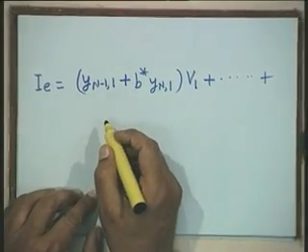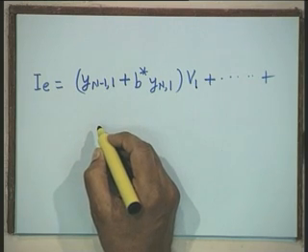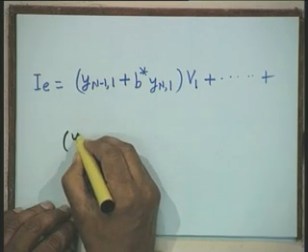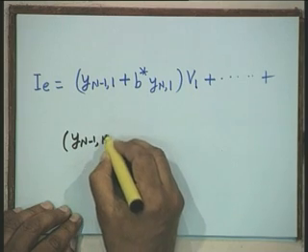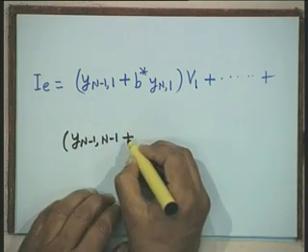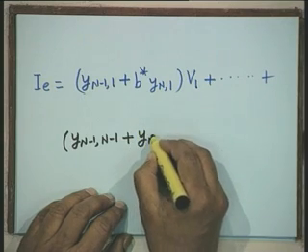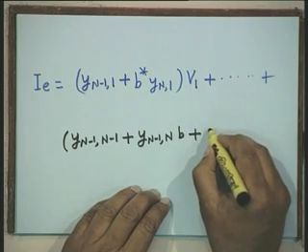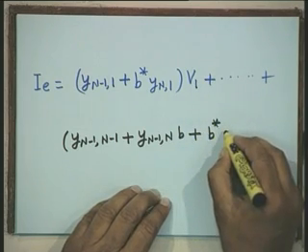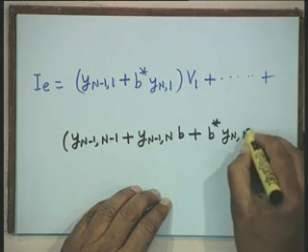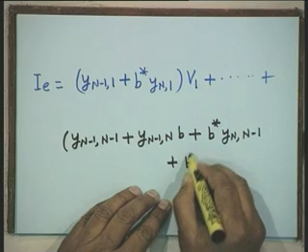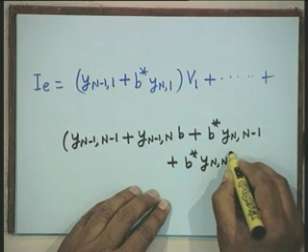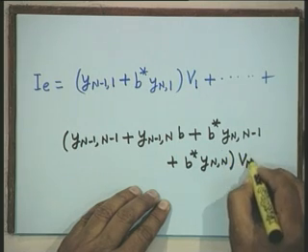The last term can be written as y n minus 1 n minus 1 plus y n minus 1 n into B plus B star into y n n minus 1 plus B star y n n into B, multiplied by V n minus 1.